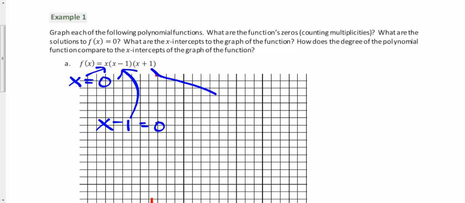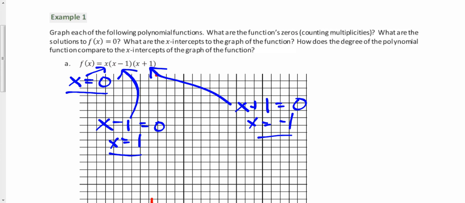And x plus 1. That's a factor. What are my solutions? This one's x equals plus 1. What's the solution to this? x equals negative 1. And what's the solution to this factor? x equals 0, right? So where does this function cross the x-axis? 0, 1, and negative 1.